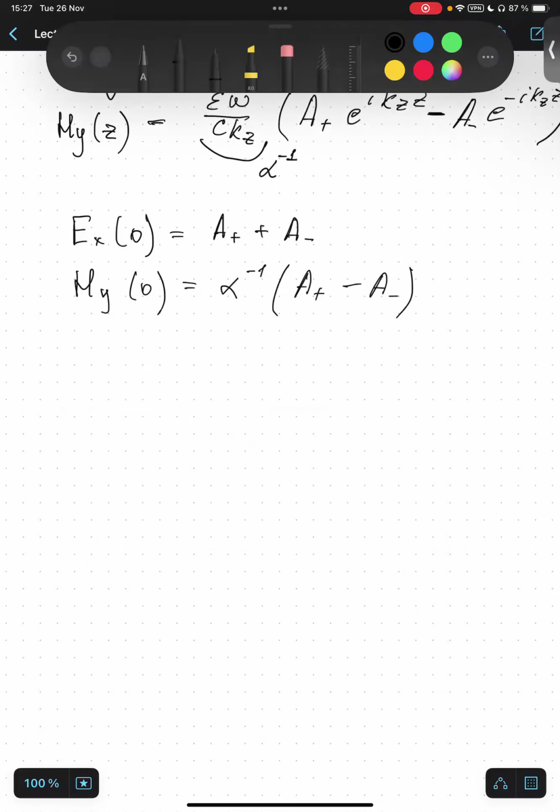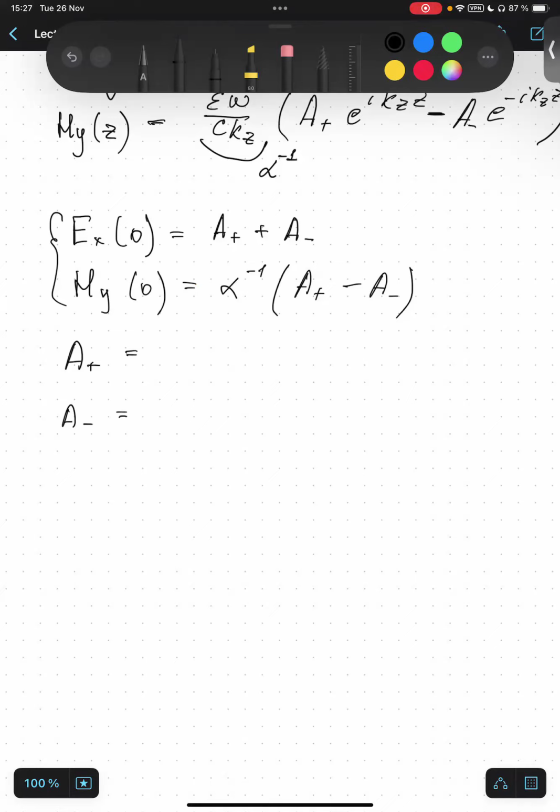Yes, and from this equation, let's find the A plus and A minus. Now, we needed to find the T matrix, the transfer matrix.